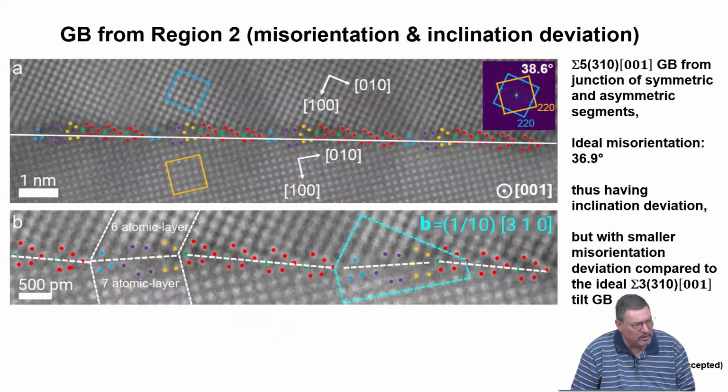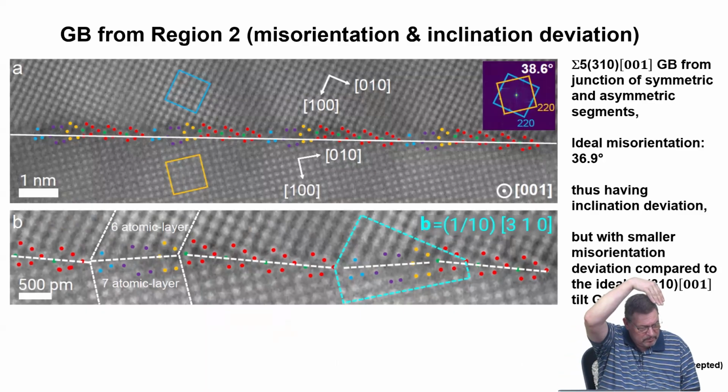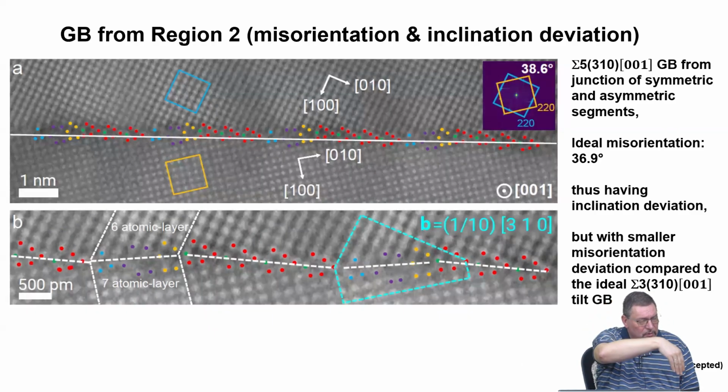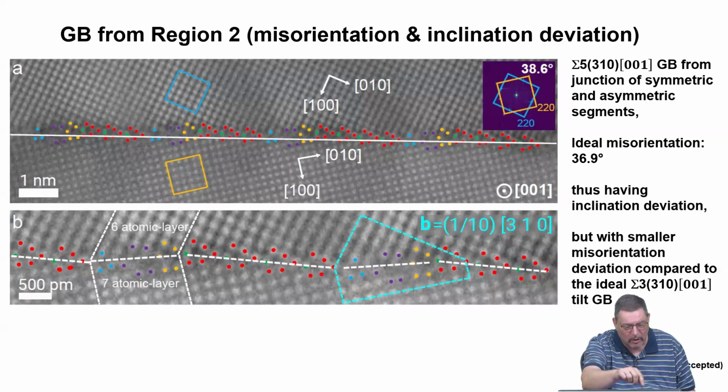So you see atomic columns. We are looking with the electron beam parallel to the atomic columns, and because this is a CS corrected microscope, the aberration is corrected, which means that we can identify intensity with position of column. So we really have atomic columns where there is a light color, and we do not have atomic columns where there is a dark color.